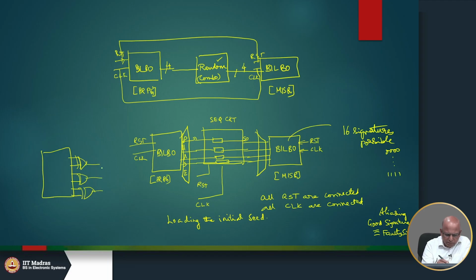If we have a 4-bit BILBO, then we will need one more, maybe we can take these two guys. So, now we have reduced it to 4 bits. This is a sequential circuit, 5 outputs, no 6 outputs I think.